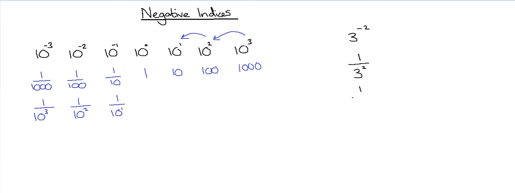And 3 squared, that's 9. If I said what is 4 to the minus 3, that's 1 over 4 cubed. 4 cubed is 64. Now it gets a little bit harder when there's an A. We can't actually go further than this, but it's 1 over A squared.